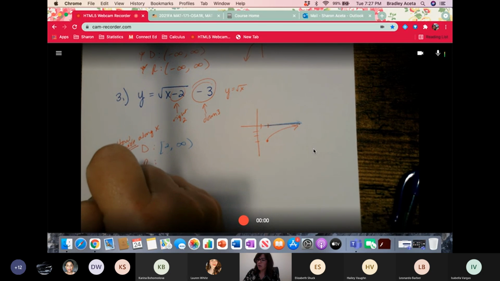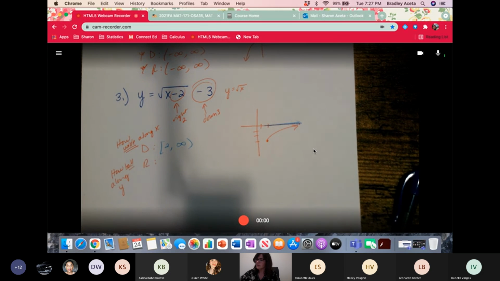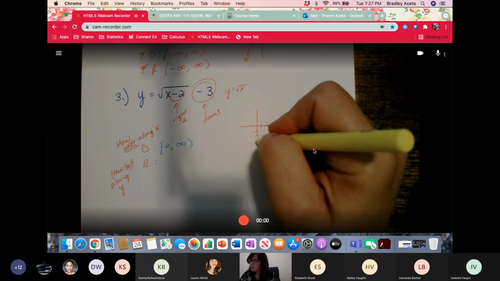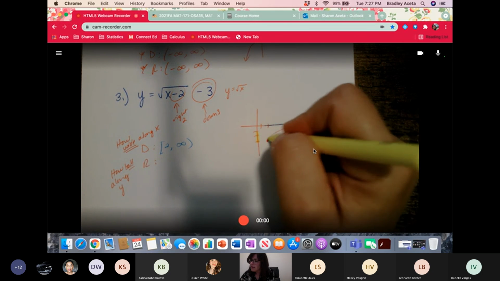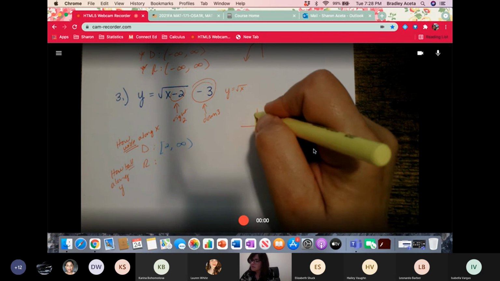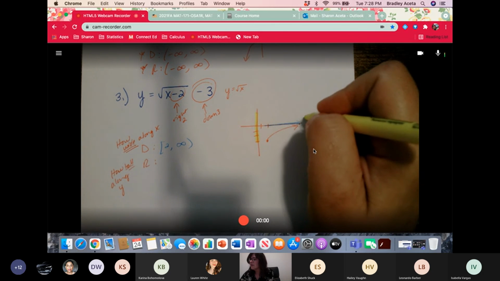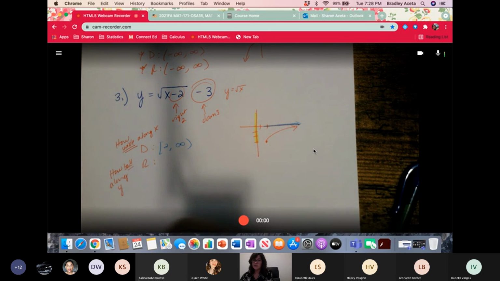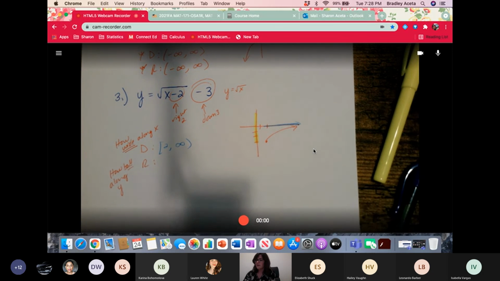Range, how tall along the y? How tall is this thing getting? Well, I don't have anything below this point on the y. And again, even though it curves and it looks like it's going to stop right here, it's going to keep going. It's going to curve ever so slightly. Again, if I keep zooming out, it'll eventually get taller and taller and taller.